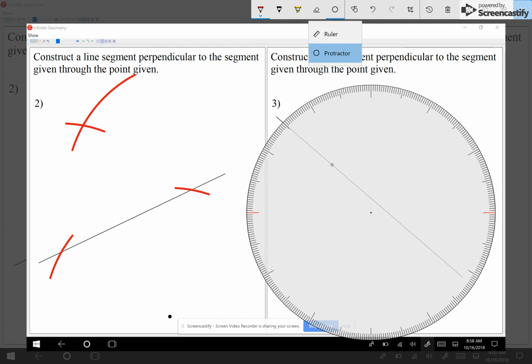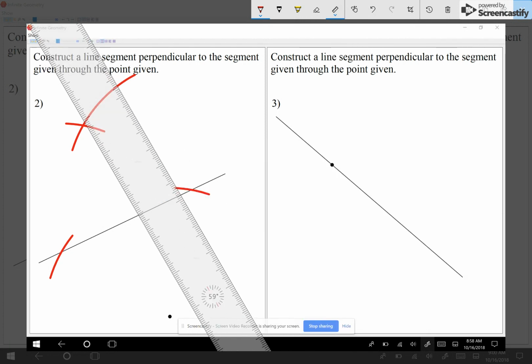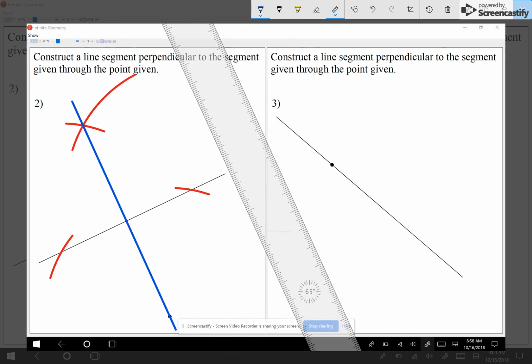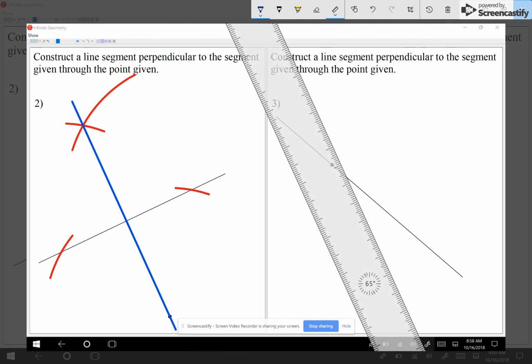So I have that. Now I'm going to grab my ruler and connect that intersection with the point that was given. If I was to measure it, my line segment crosses the initial line segment at 90 degrees and goes to the point that was given.